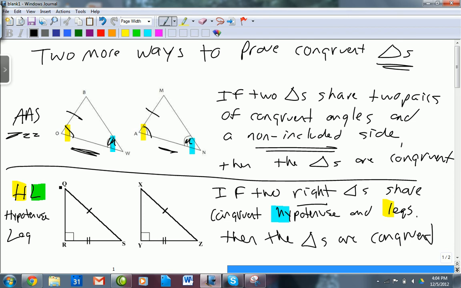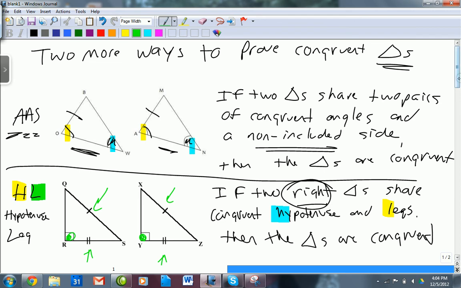One of those is this piece here: we have to have right triangles, so we need that right angle there. Then we have congruent hypotenuses and congruent legs. So for all five techniques to show two triangles congruent, we have to establish three things exist. We'll talk about why some of the other ones don't work eventually, but not now.